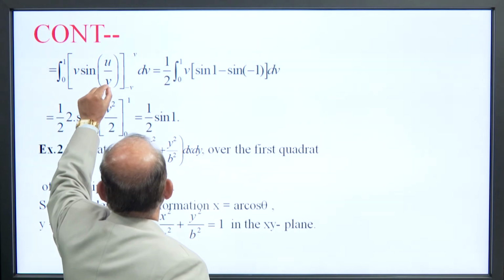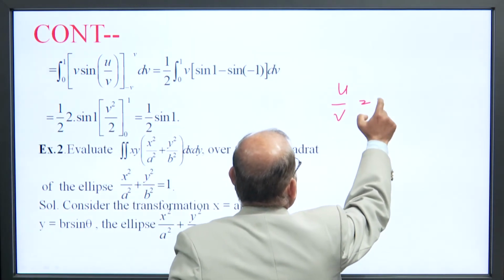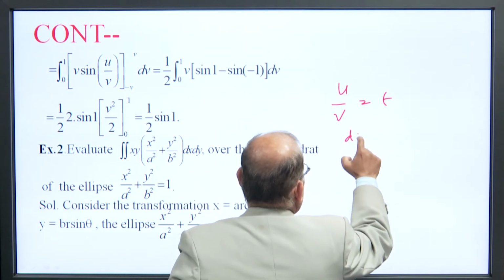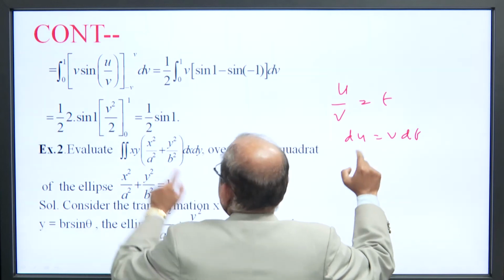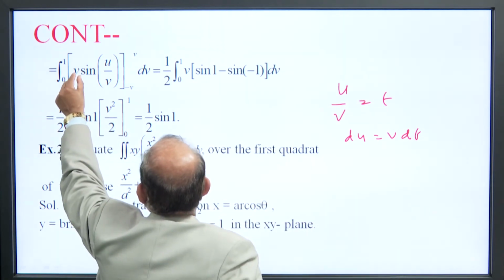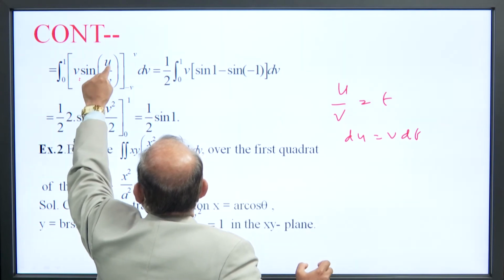Since v is constant, put u by v equal to t, which means du is equal to v dt. We take v in the multiplied form, so we get v sin u by v.